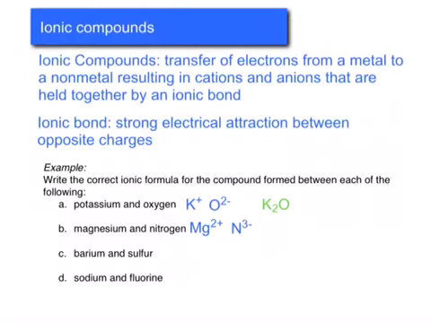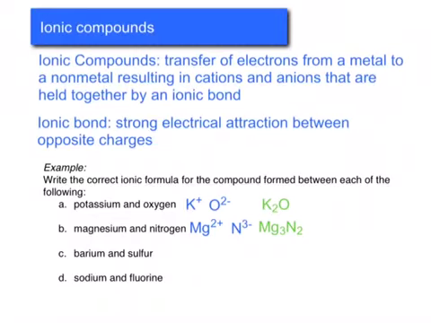So if we have 2 magnesiums, then we now have +4 with the nitrogen with a -3. So that's not going to work. So then we need another nitrogen, so that gives us a -6 for the nitrogen side, and we would need 1 more magnesium to satisfy that. So that gives us a formula of Mg3N2.